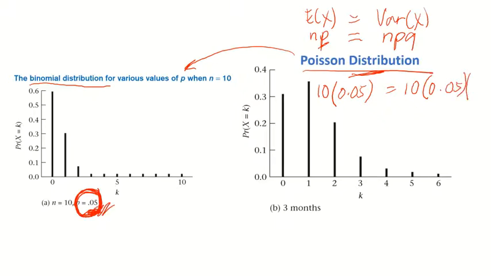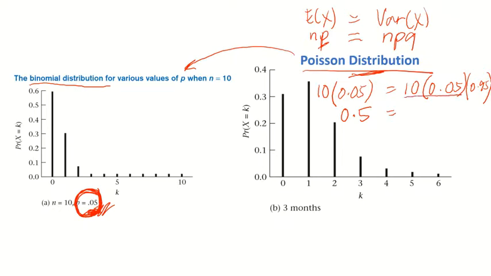And the probability of failure is 1 minus 0.05 or 0.95. Now, try to multiply this. 10 times 0.05 is 0.5. Am I correct? 0.5.